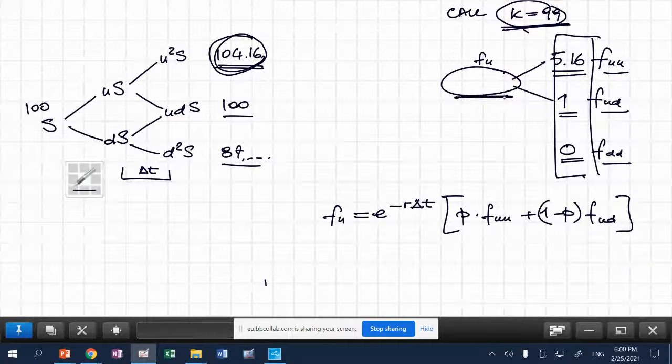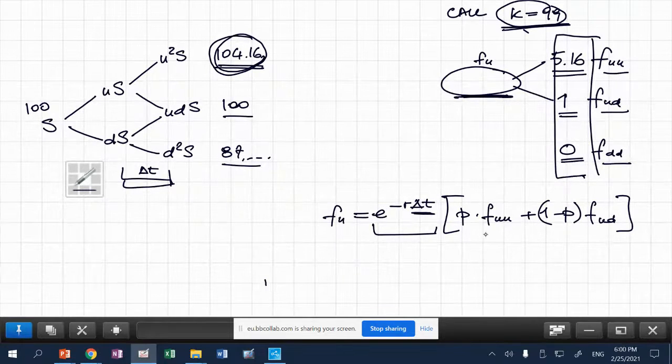So for instance, in order to calculate the value after an up move, you take the discounted value for 1 delta t period, delta t being the size, the distance between two prices, the size of one node, that is multiplied by the risk neutral probability of moving up times the value of the option in the up case, plus 1 minus p, the risk neutral probability of going down, times the value in the down case.